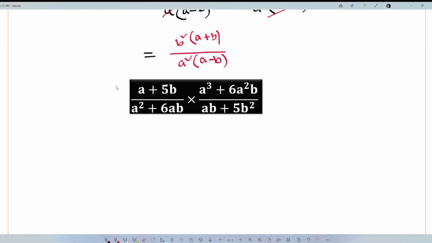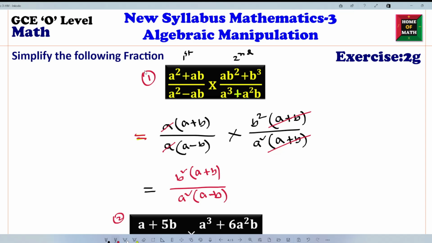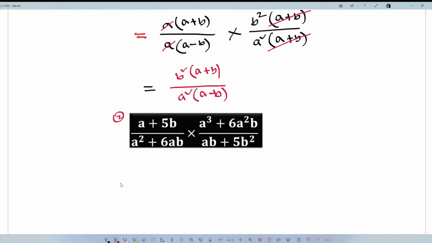Number 2. We can consider this one is number 2 and the first one number 1. Here are also two terms. First one is a plus 5b divided by a square plus 6ab, times a cube plus 6a square b divided by ab plus 5b square. First we think what we can take common.